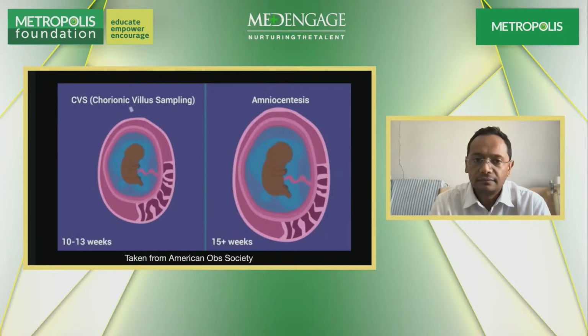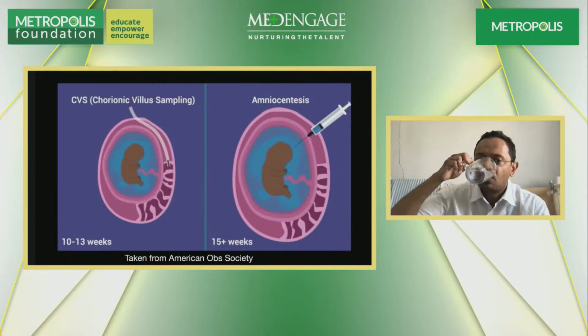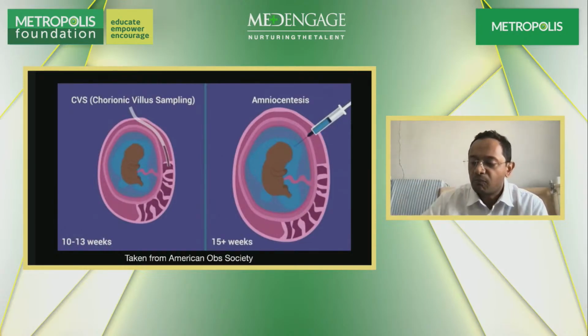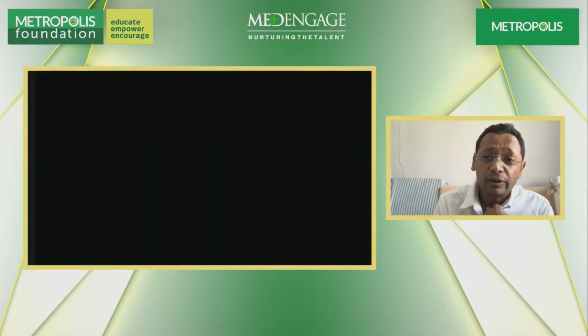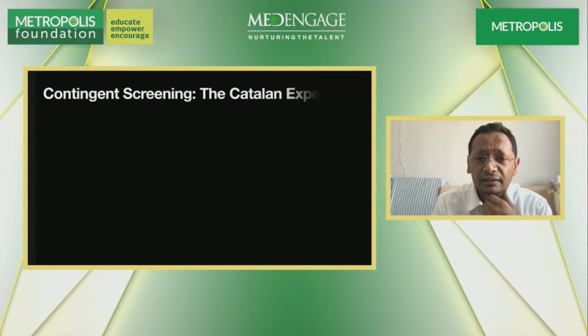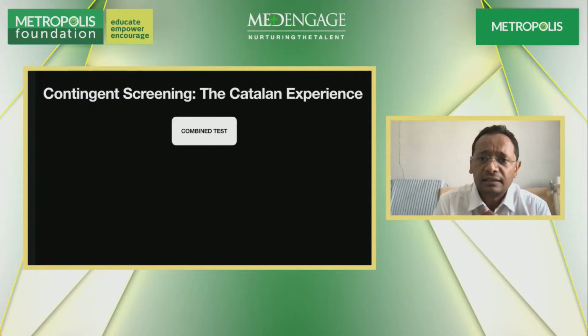CVS can be done earlier in pregnancy than amniocentesis. Both tests come with a small risk of miscarriage. There is a slightly higher risk of miscarriage with CVS than amniocentesis. So amniocentesis has a 0.1 and CVS is a 0.2% chance.